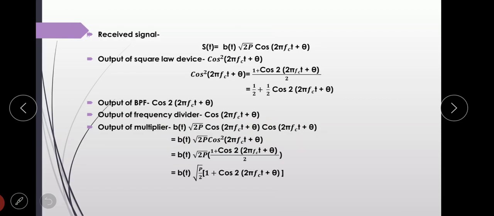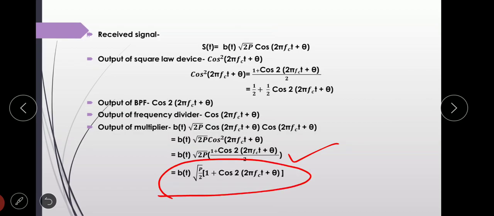Then we apply the formula cos square theta equal to (1 plus cos 2 theta) divided by 2. The same formula is applied here. Then we solve this and get the final equation, that is b of t root P by 2 (1 plus cos 2 into (2 pi fct plus theta)).